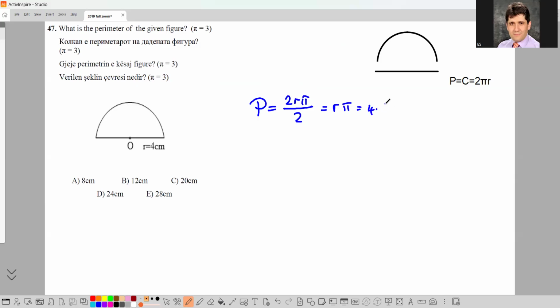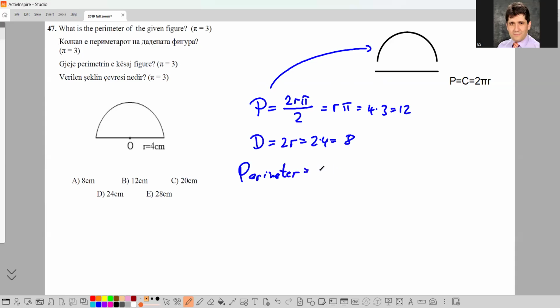The number pi is 3.14, but just for sake of calculations, it's given here to take it as 3. So it's 12. Now 12 is only this part and not the diameter. And the diameter is 2r, which is 2 times 4, which makes it 8. So what would be the total perimeter? Would be 12 plus 8, that's 20.